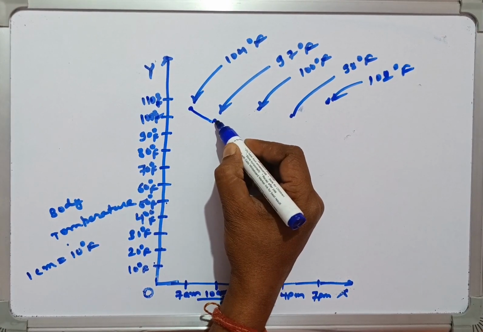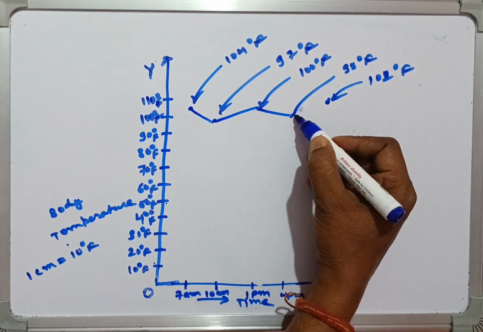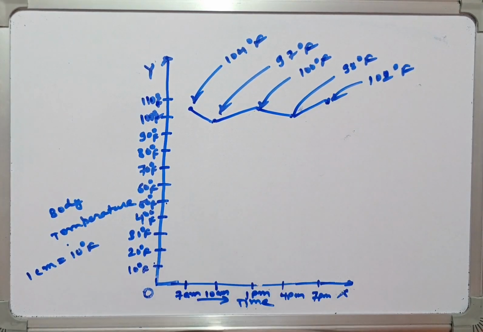This one is the graph for his body temperature. Now the doctor has to say some precautionary measures or apply a medicine.